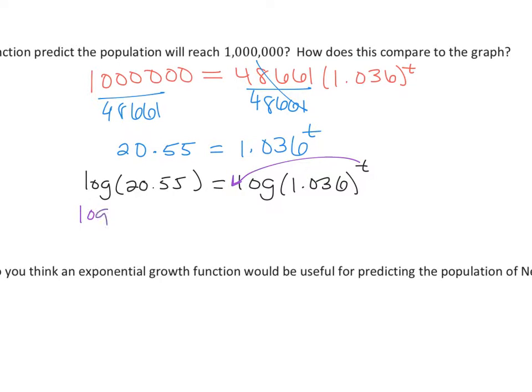So now I have log of 20.55 equals t log of 1.036. T and log of 1.036 are connected by multiplication, so I'm going to divide.